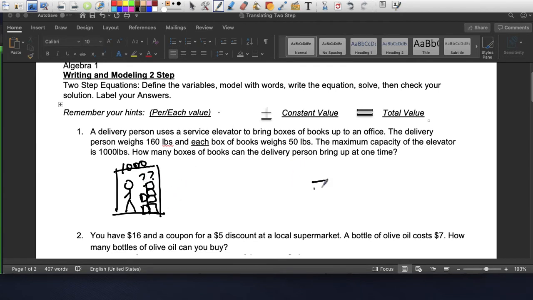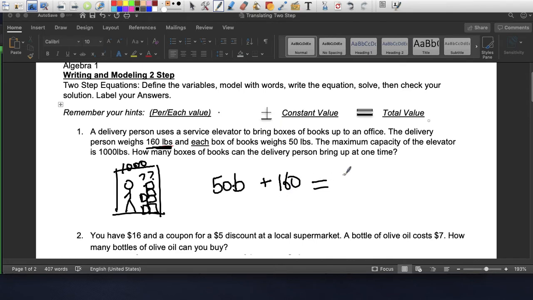Well, if you look at the problem, our 160 pounds is our constant value. That's not going to change. What's going to change is the number of boxes here, right? We have a relationship here that each box is 50 pounds, so 50 pounds per box, times a letter, you can write whatever letter you want.